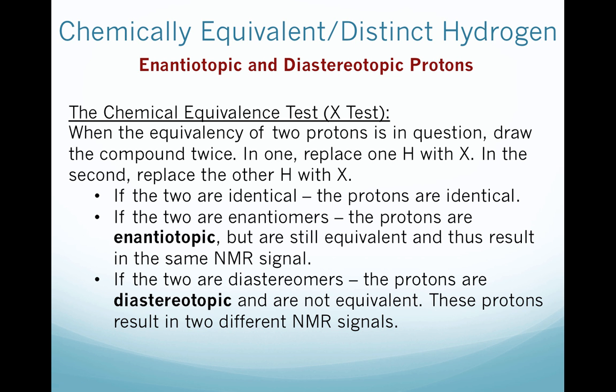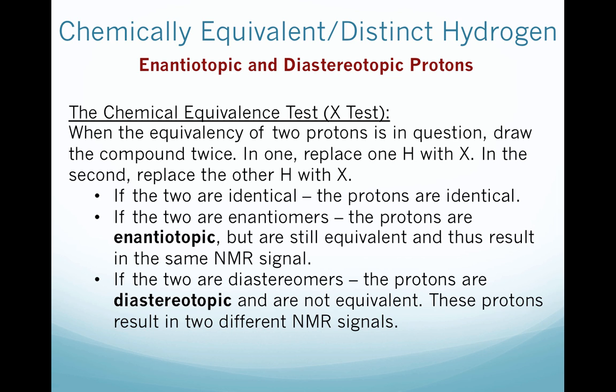Now we're going to build on what we've been talking about and look at the difference between what are called enantiotopic protons and diastereotopic protons. And to help us figure this out, we're going to use a chemical equivalence test, or something I like to call the X test.